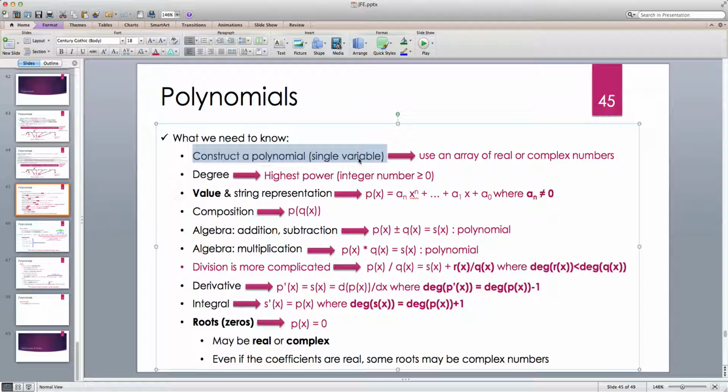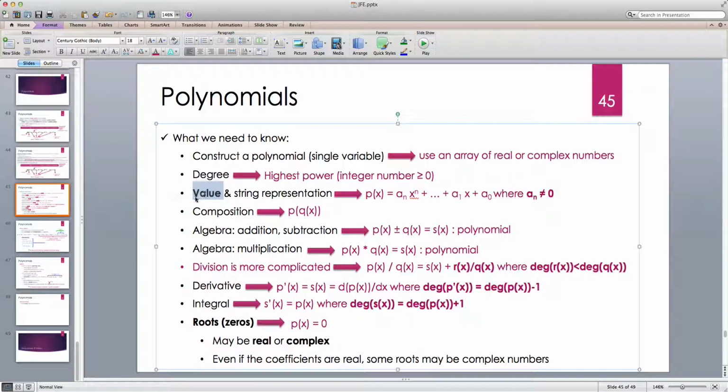Then we mentioned that the degree of the polynomial is an important parameter, and it cannot be less than 0. It should be an integer number. And then we discussed the string representation, how to override the toString method, and we decided to have the representation from the highest order to the lowest order, the constant term.